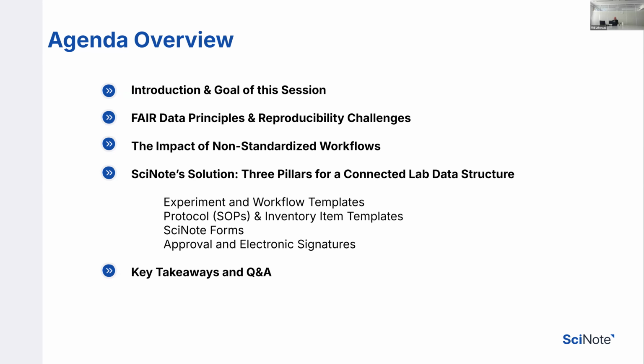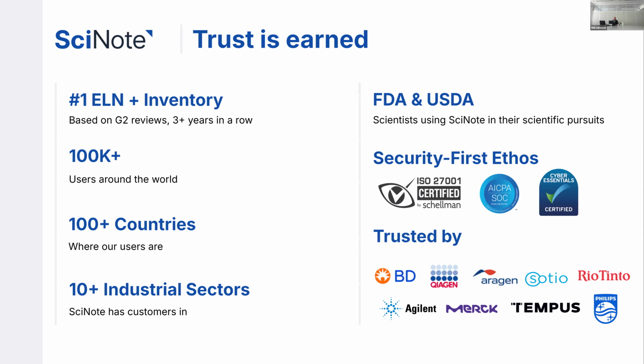Good. Let me jump into the introduction. Welcome, everyone who doesn't know us. SignNote is an electronic lab notebook with inventory features, reporting features, and project management. We are the number one ELN based on G2 reviews and have been for at least 3 years now. I think it's actually 4 already. We have users all over the world, as you've seen from the chat, in very different sectors.